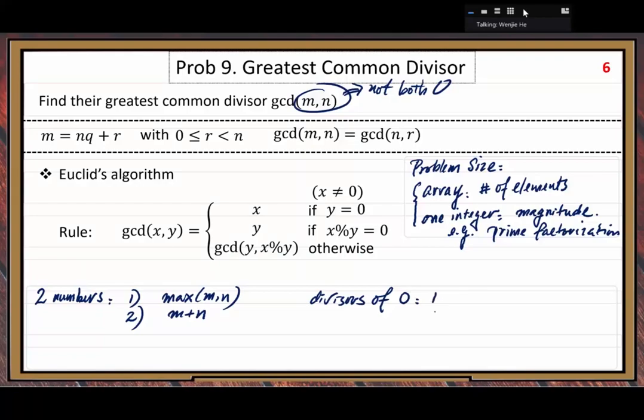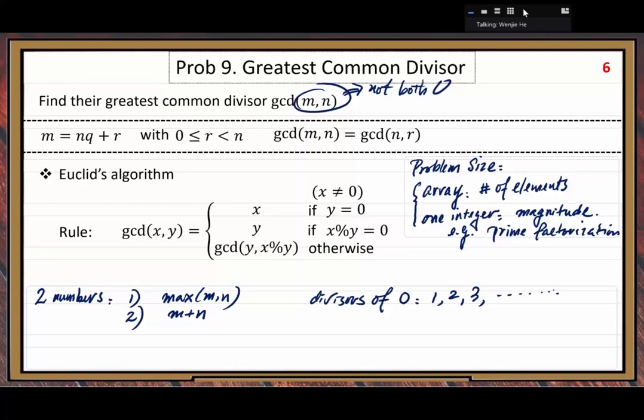Is 0 an integer multiple of 1? 0 is a multiple of 1, right? 0 is an integer, right? So 1 is a divisor. How about 2? A divisor. How about 3? So any integer is a divisor of 0, right? Now you tell me, which one is the greatest divisor? There is no greatest divisor. Based on this observation, now you can see why we do not require both to be 0.